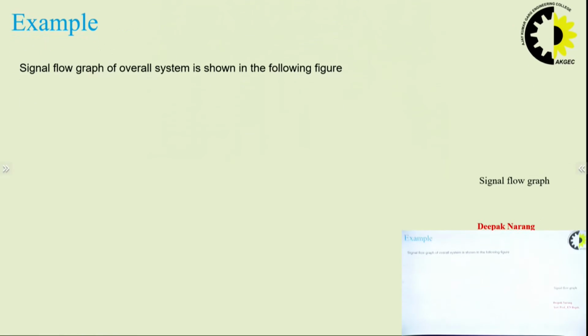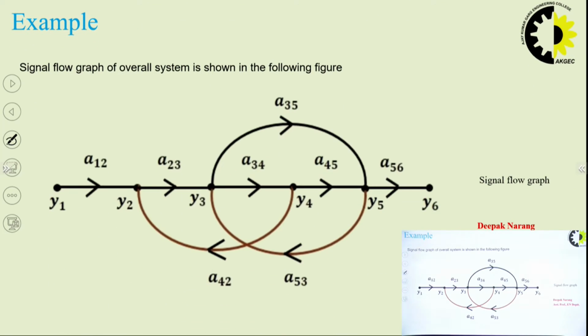When we join all these graphs, when we merge all these equations into a single graph, it becomes the overall signal flow graph of a system. So, this representation is termed as SFG of a system, which we have devised through the linear algebraic equations.